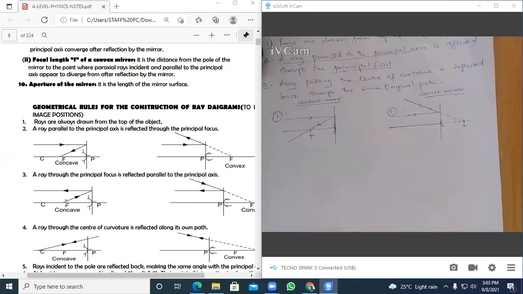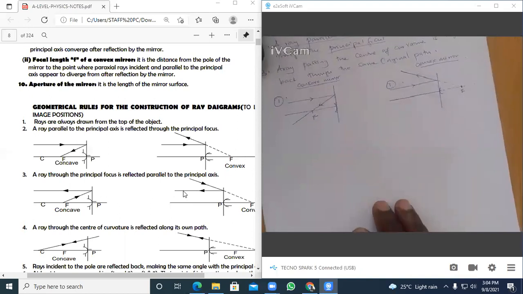Are you seeing very well? The ray that comes from the principal axis, after reflection, is reflected as a parallel ray. Whereas here, even here, we are seeing that the ray that appears to come from the principal axis is reflected as a parallel ray to the principal axis.